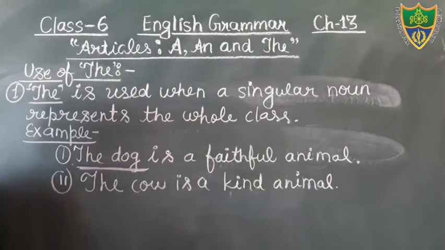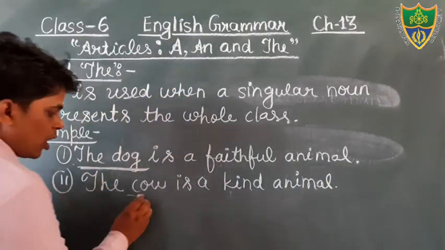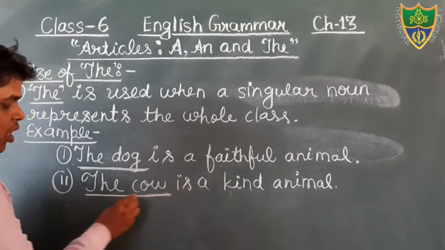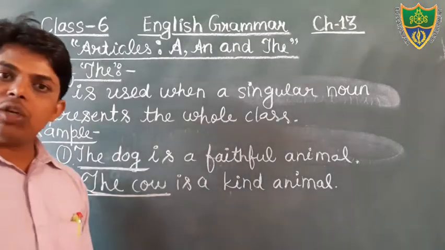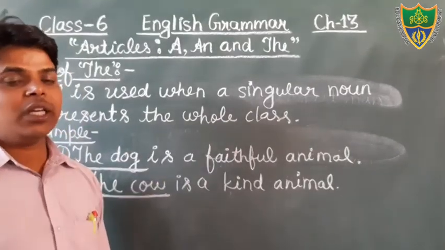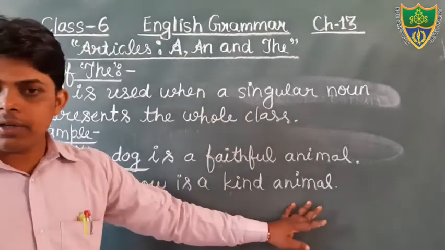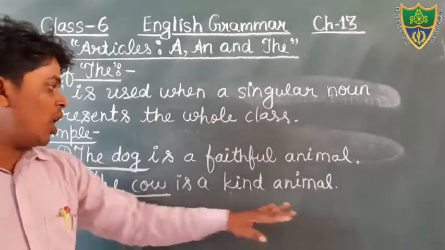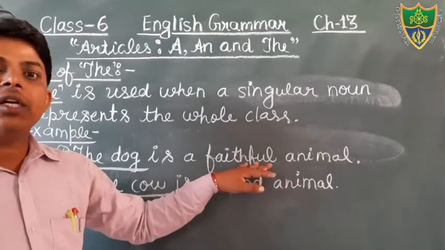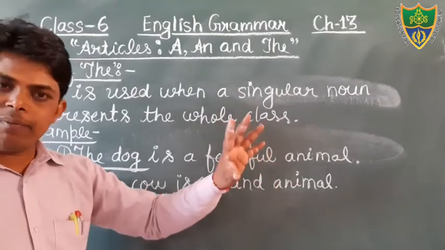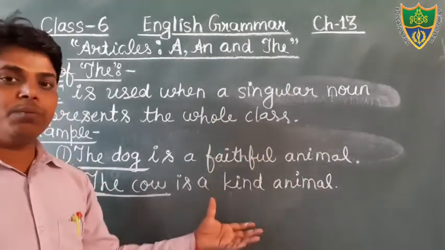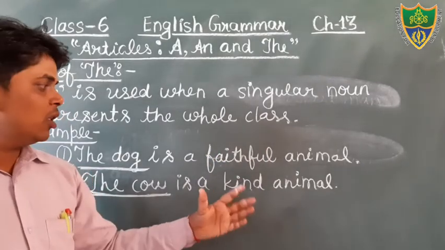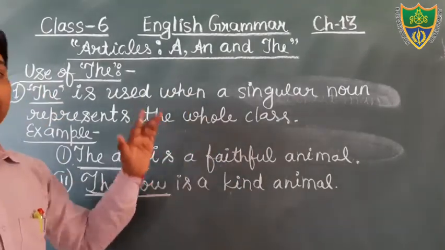Just see students, in this sentence the word cow denotes the whole class of cows, that all cows are kind. It denotes the whole class, whole community, whole group. Therefore, we will use the article the.